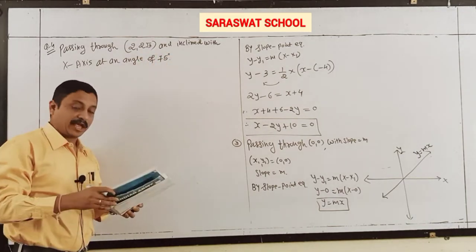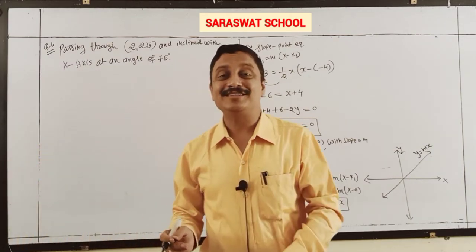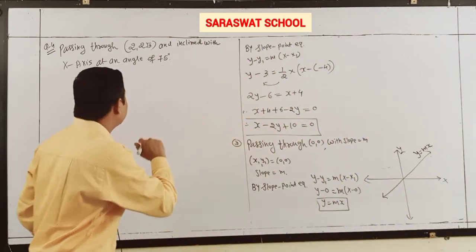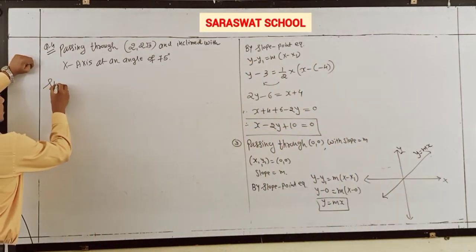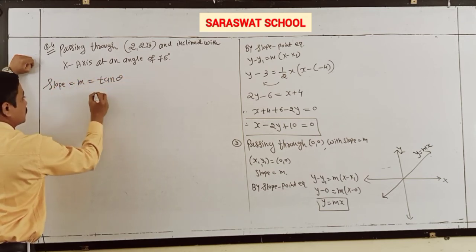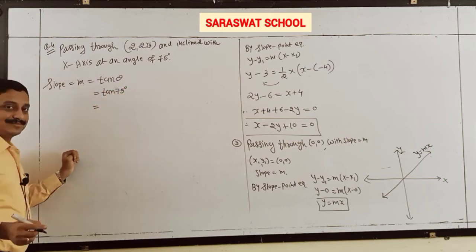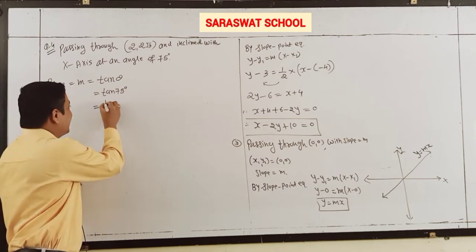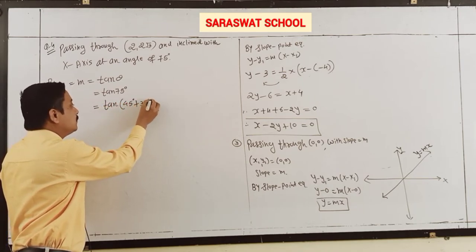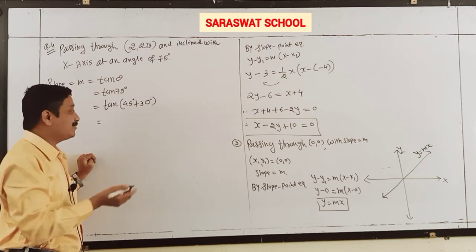Students, here the angle is 75. So the slope of the line is what? Tan theta, and you know the tan theta formula. So here slope m, I will write tan theta, tan 75 degree, and 75 you know, how much? 45 plus 30, total 75, and the formula known is tan of alpha plus beta.